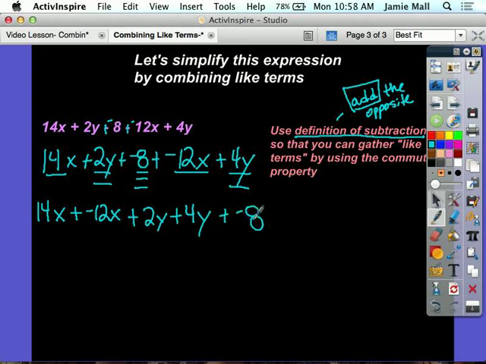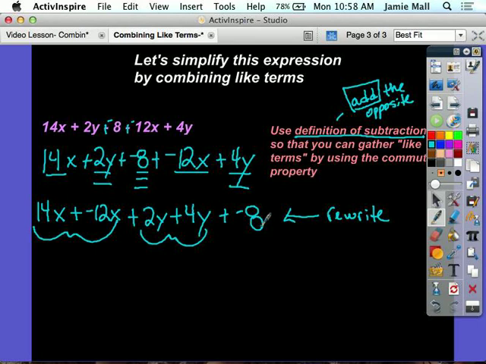All I'm doing in this step is rewriting to get the problem organized so that in the last step I can combine like terms. Now here's what I see. I can combine x's, I can combine y's, and I don't have anything to combine my number with.